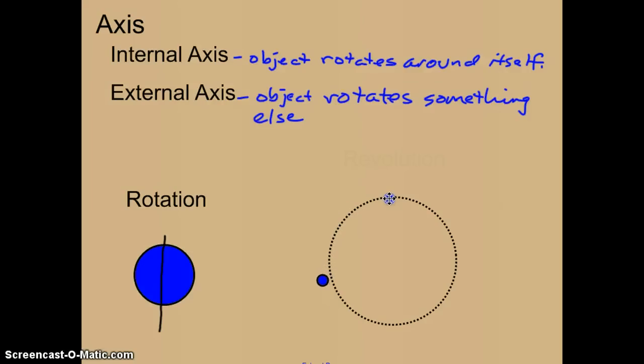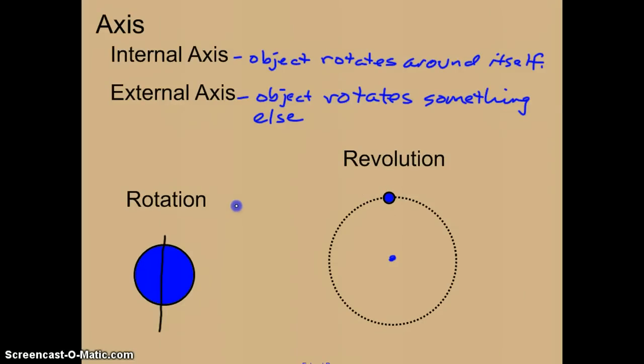It goes around this circle, and if the axis were right in the very center here, it would be going around that object. That is called revolution. If we rotate around an external source, it's called revolution.